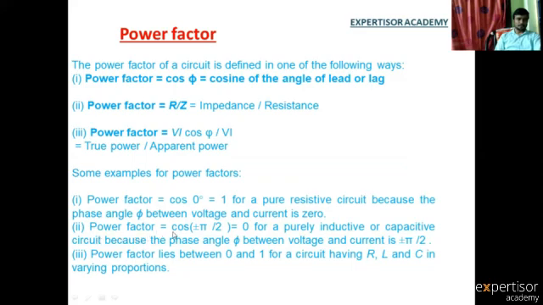Power factor is equal to cos plus or minus pi by 2, that is equal to 0 for a purely inductive or capacitive circuit, because the phase angle phi between voltage and current is pi by 2.